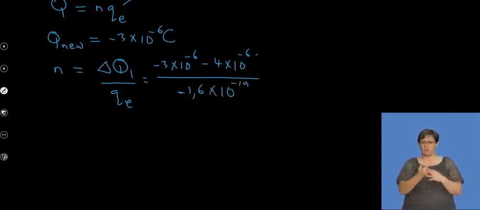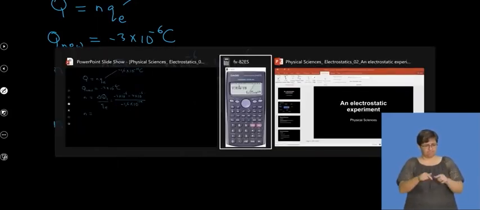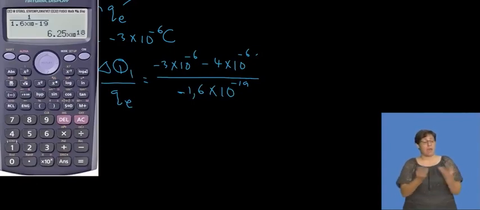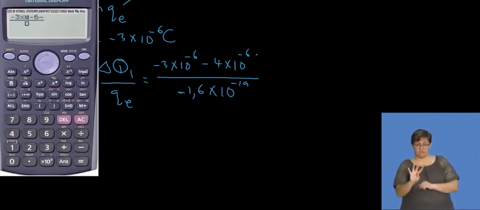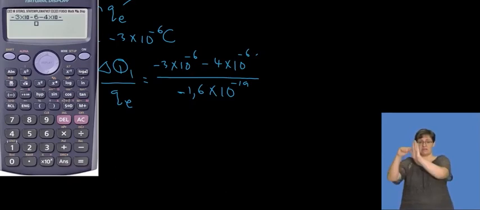So we can actually get the number of electrons that were transferred between those two. Let's go back to our calculator, clear that. It's -3 times 10 exponent -6 minus 4 times 10 exponent -6.